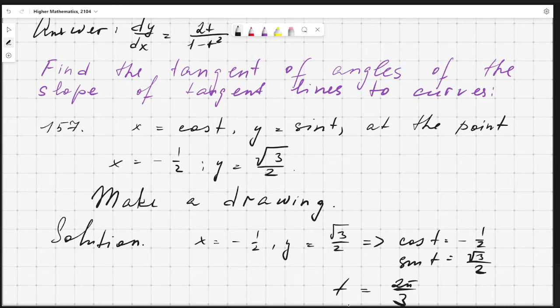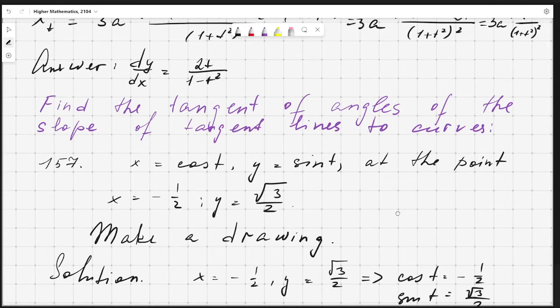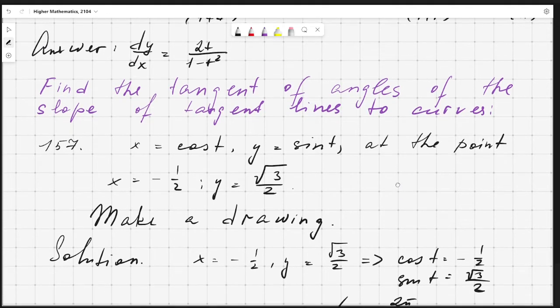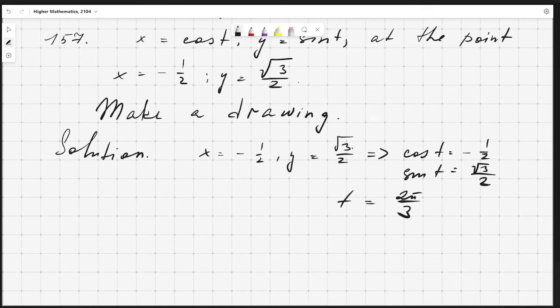Okay. The tangent of the angle of the slope: tangent of phi is dy over dx.